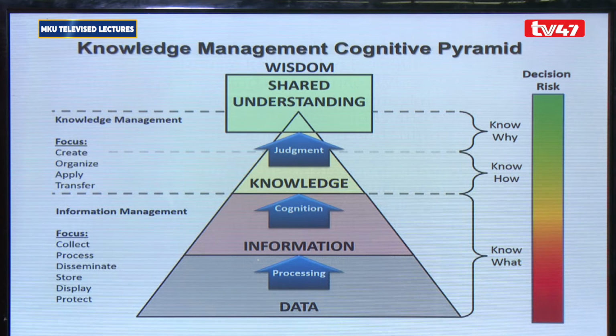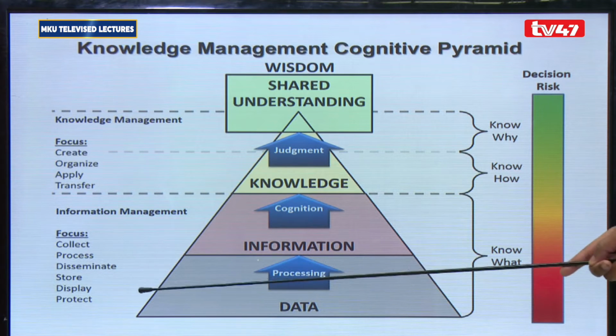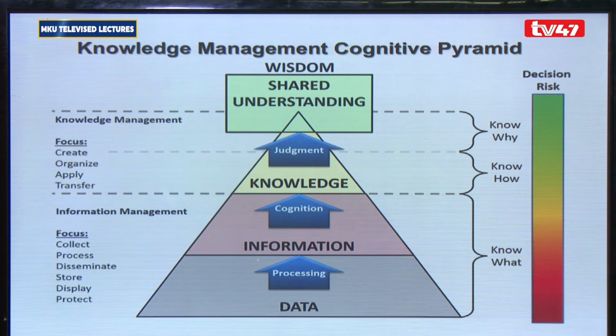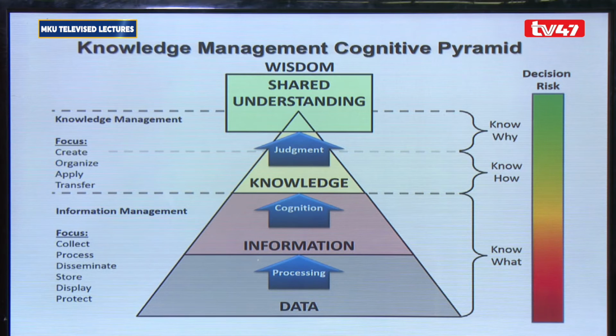Now, what I've just explained is visualized in this data, information, knowledge, and wisdom diagram, which is also known as the knowledge management cognitive pyramid. So data begins at the base, where you see the focus is collection, processing, dissemination, storing, displaying, and protecting. And as it goes up to knowledge, which is at the apex, the focus is on creating, organizing, applying, and transferring.